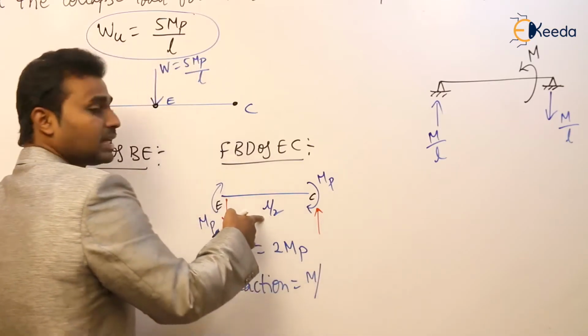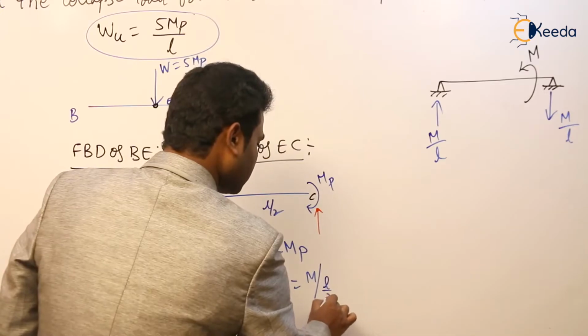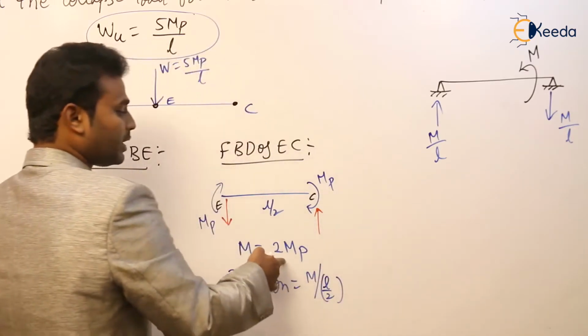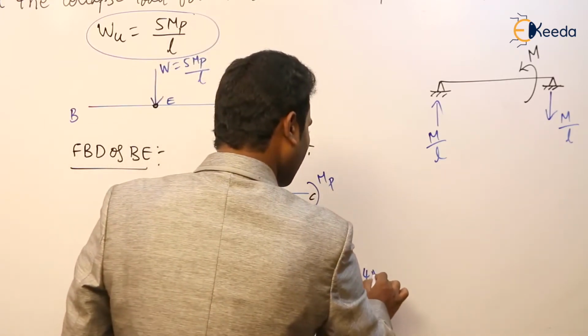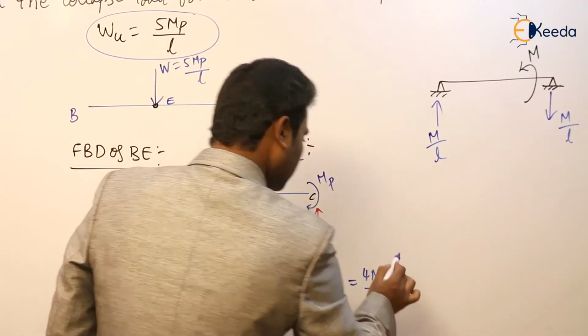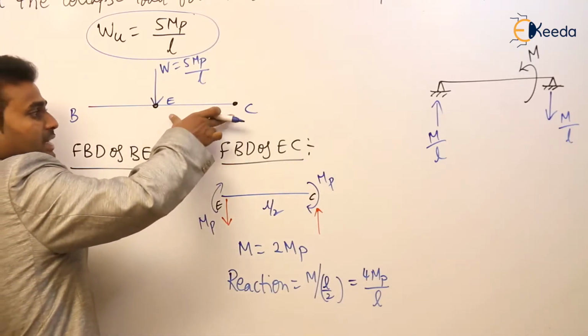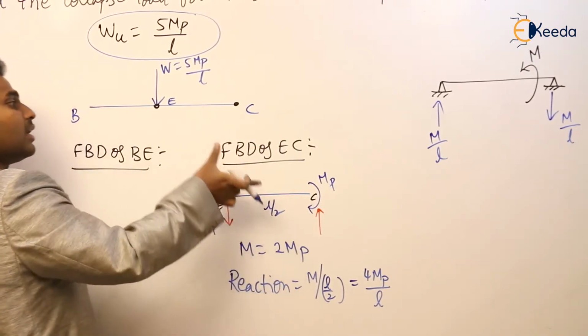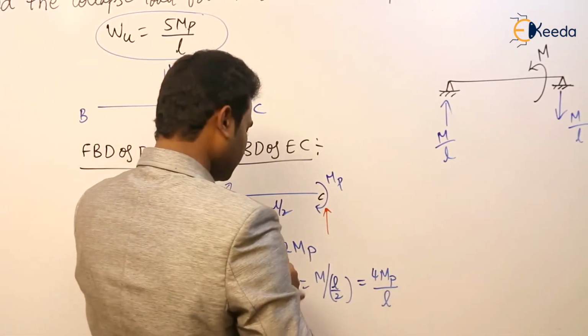How much is the length here? The length is L by 2, and the total moment is 2 Mp. So finally the reaction is 4 Mp by L. Now in this 5 Mp by L, EC is going to take 4 Mp by L, and then obviously BC is going to take Mp by L. So the reaction value is 4 Mp by L.